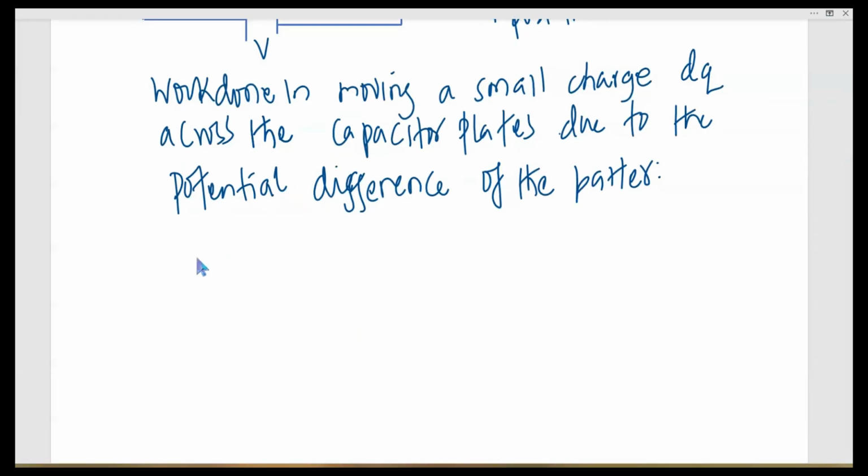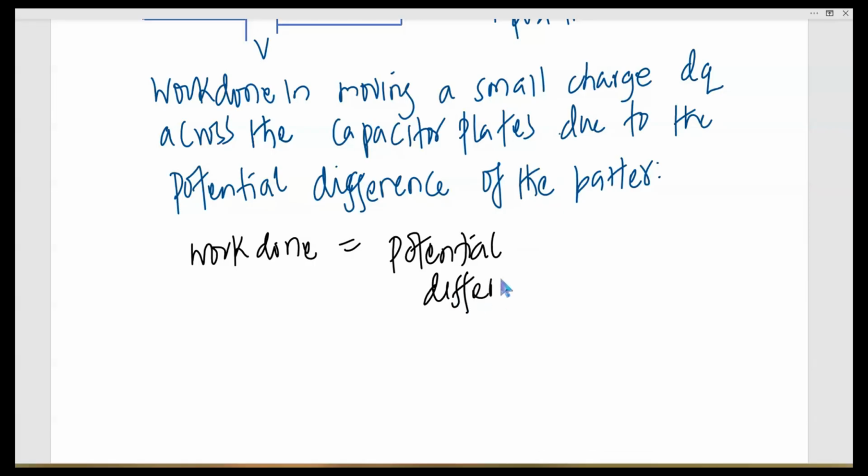So what we are going to do is to say the work done is equal to the potential difference times the charge moved. This is actually the same as if we were doing a small work in lifting a mass through a gravitational field.